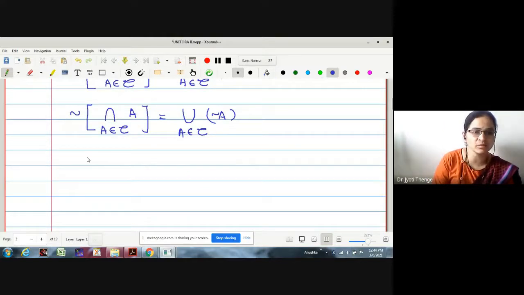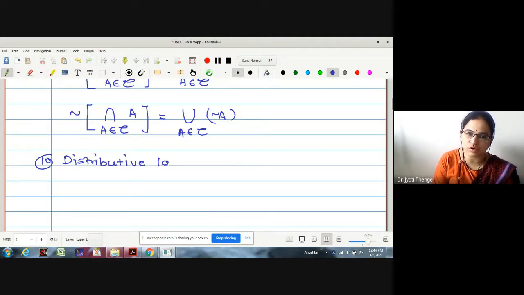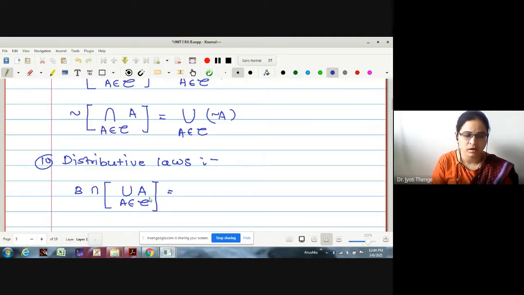Now let me write De Morgan's laws, sorry, distributive laws also for arbitrary collections. Okay, how am I going to write the distributive laws? Suppose I am going to take B intersection. Now here I am taking the union of an arbitrary collection. So this is union, A is in curly C. Okay, then what will it be?